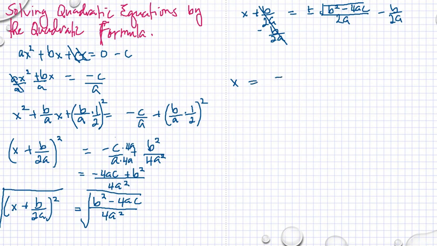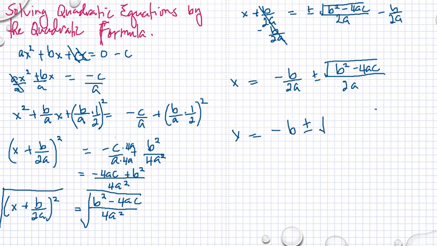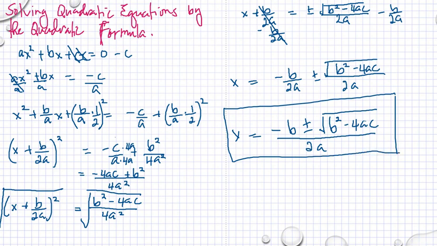We have negative b divided by 2a plus or minus the square root of b squared minus 4ac divided by 2a. Simplifying further, negative b plus or minus the square root of b squared minus 4ac, all divided by 2a. Here is your quadratic formula.